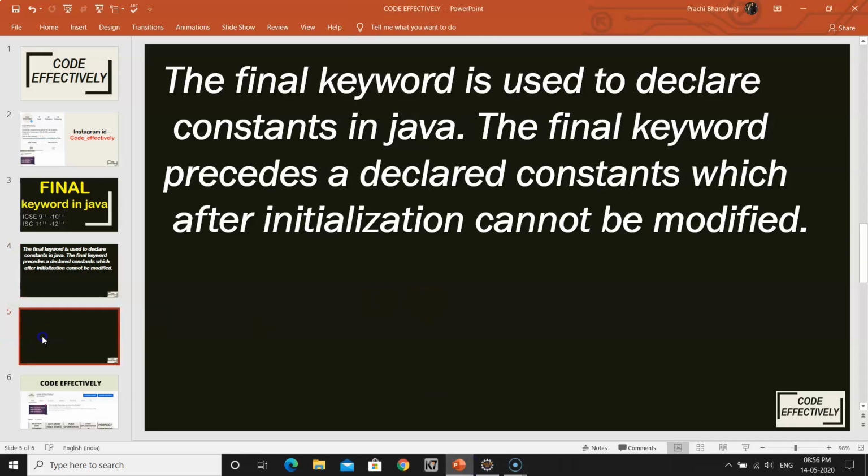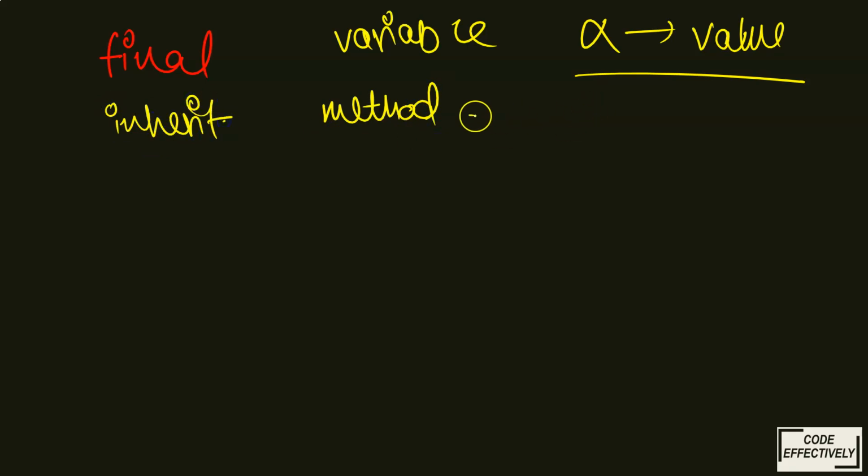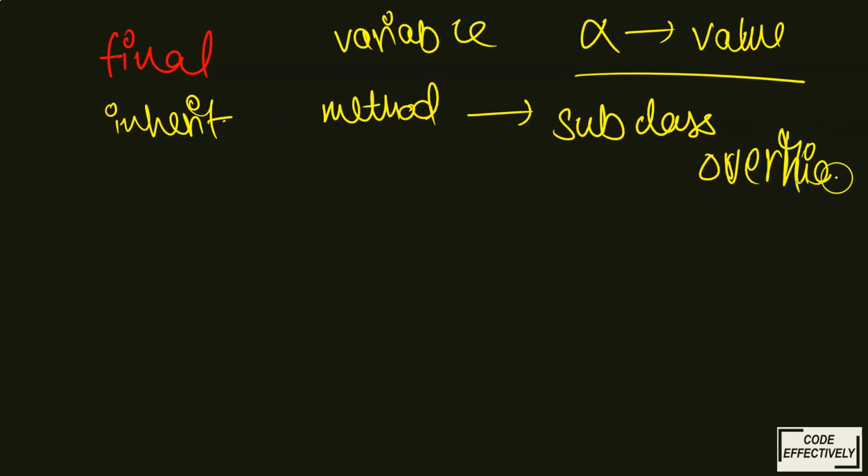Let us give a quick nutshell and revise what we were doing. When you use the final keyword on a variable, you cannot change its value. On a method, when you use inheritance, the subclass cannot override the final method of the parent class.